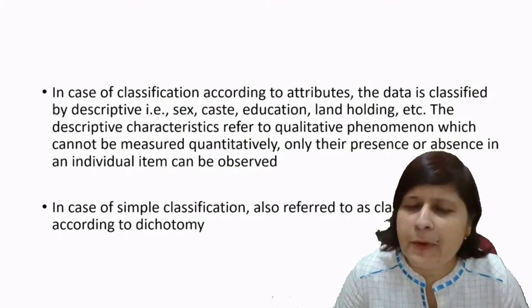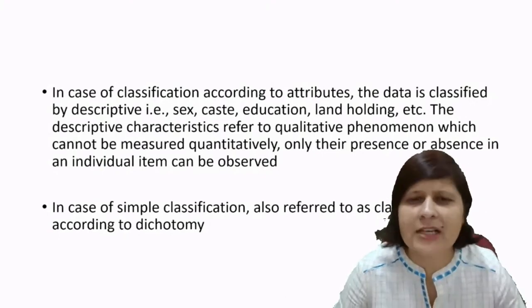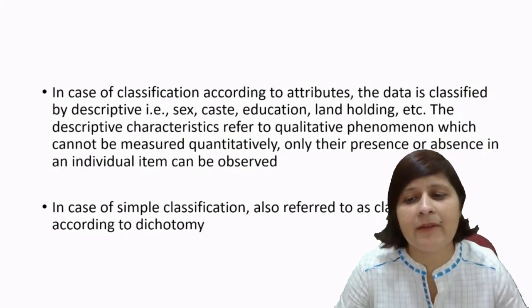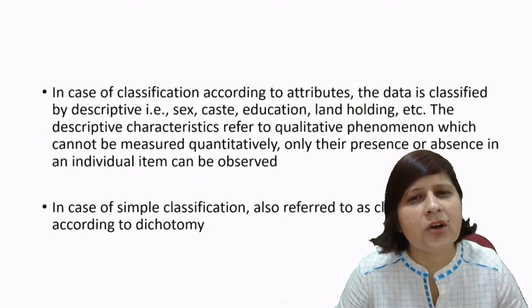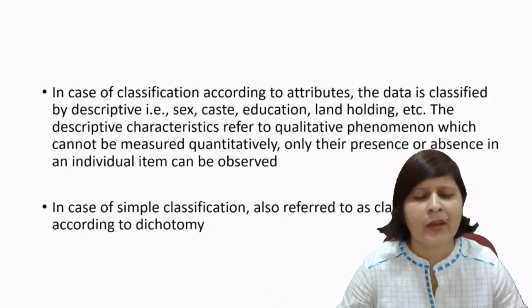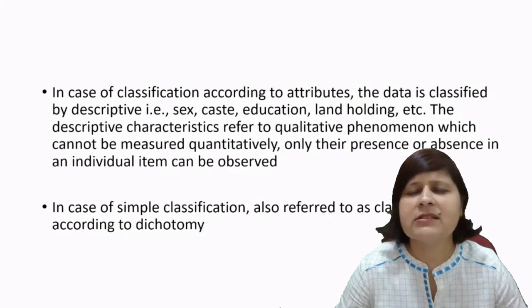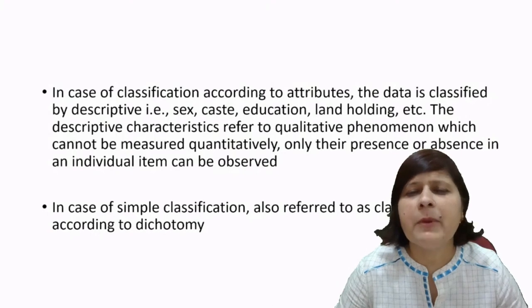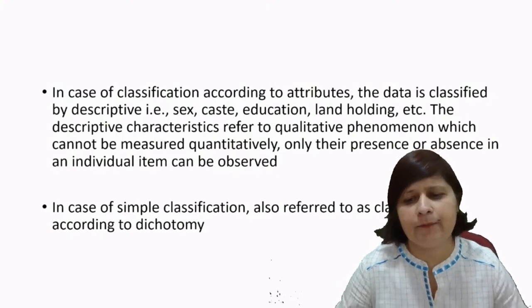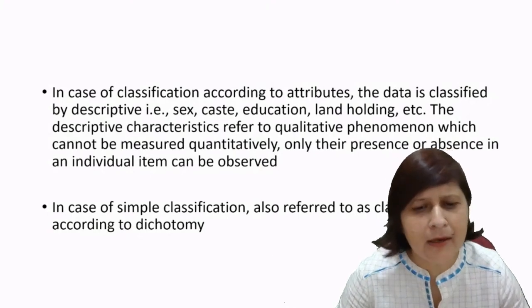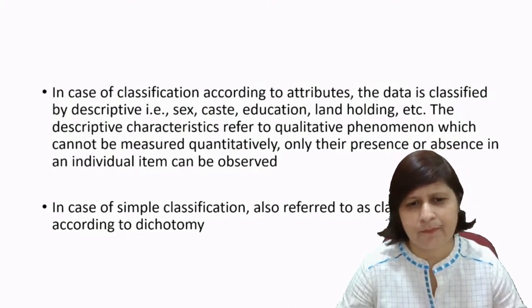It could be on the basis of sex, caste, education, income level, land holding, age, or anything else. The descriptive characteristics refer to a qualitative phenomenon which cannot be measured quantitatively. Only their presence or absence as an individual item can be observed.